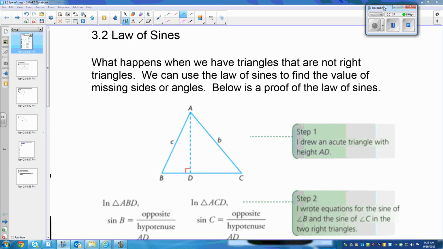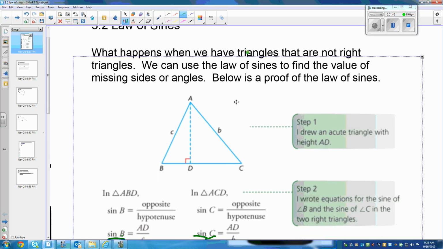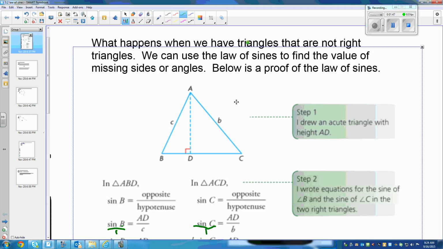Because later on in life, sometimes you have to do proofs, like our last unit, Unit 1, which is all about deductive and inductive proofs, I think. So we've got this triangle, ABC. What I did was I made this line here. What's that line contain?